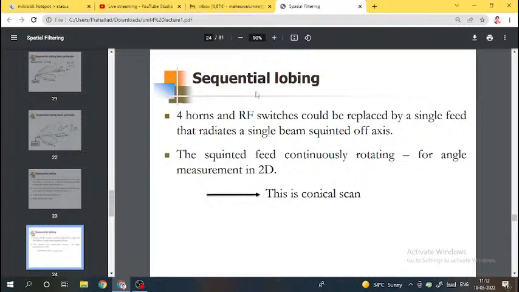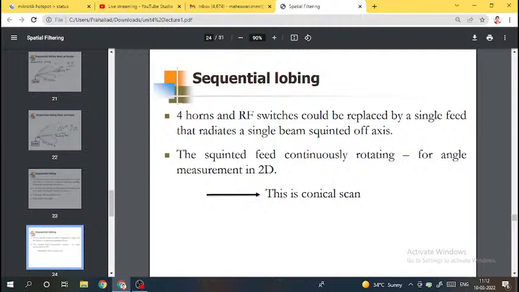So this is about sequential lobing. Generally you'll be using 4 horns and RF switches, and these 4 horns and RF switches can be replaced by a single feed that radiates a single beam squinted off axis. So here you are using 4 horns and RF switches, instead of 4 feeds as I have used in sequential lobing.